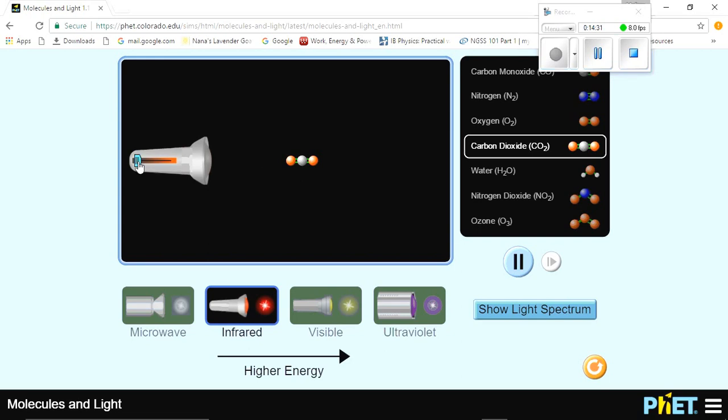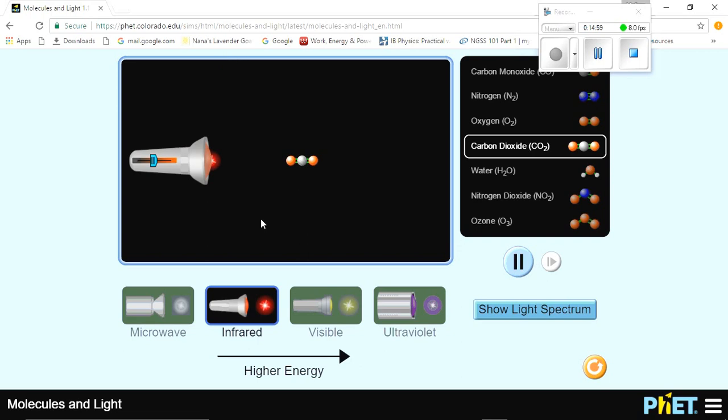So if I shoot some infrared EMR at this carbon dioxide molecule, watch what happens. You notice that some of the infrared photons are being absorbed by the carbon dioxide molecule and then re-emitting those infrared photons in all directions.